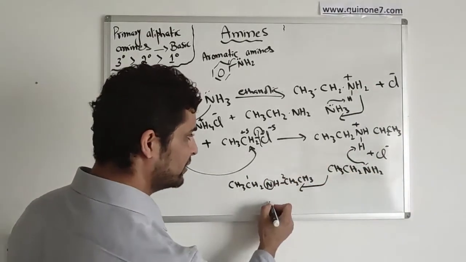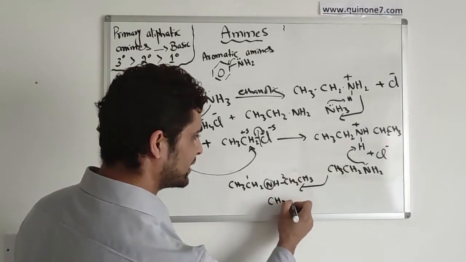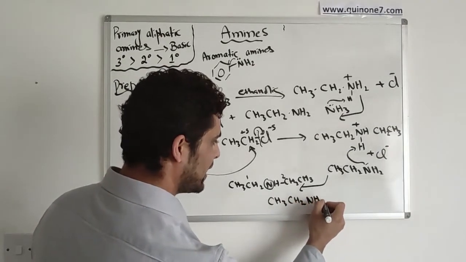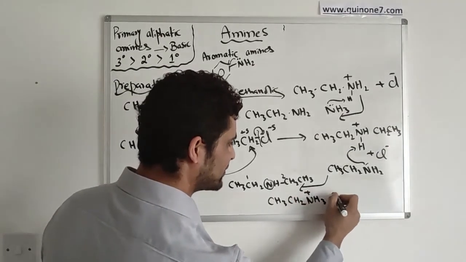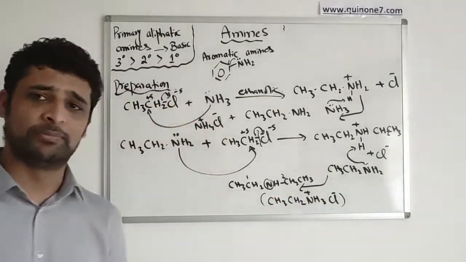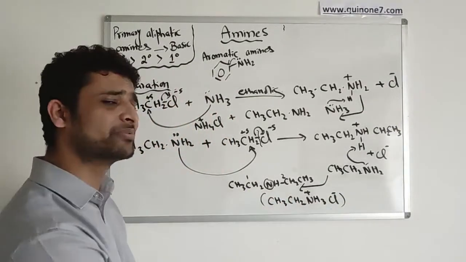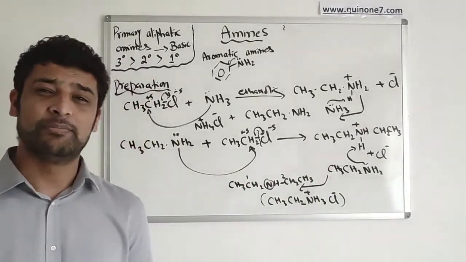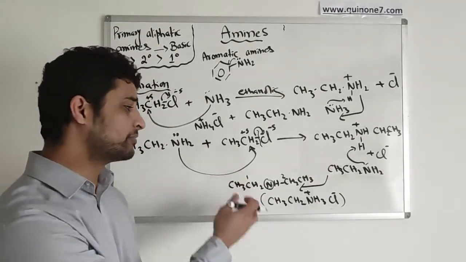And then after that, this one will be converted into a product as CH3CH2NH3 positive ion, and then Cl negative ion, and ammonium salt will be produced as well. Now, if I do not stop the reaction, it will carry on, and it will actually do the further substitution, and it will be converted into the tertiary amine.